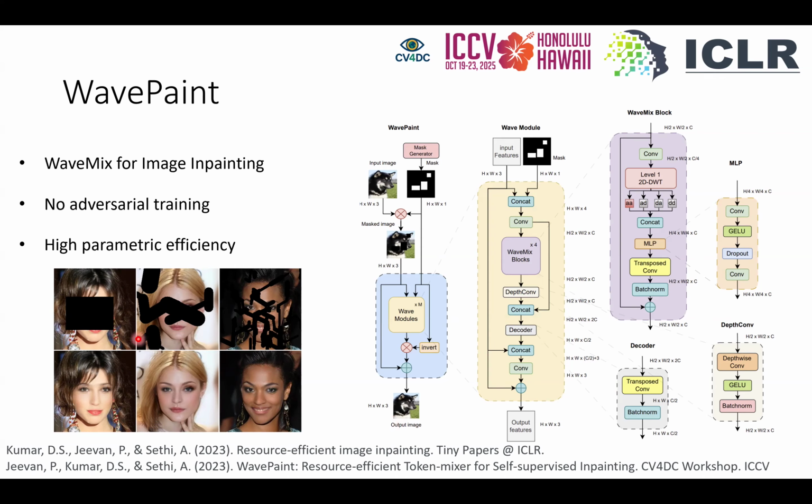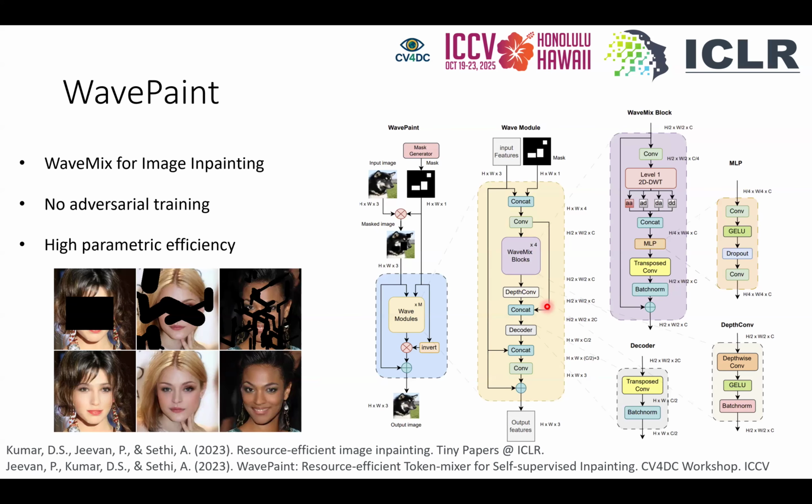As we can see with these examples with large, medium, and narrow masks, the WavePaint architecture, which is basically WaveMix with a few more layers, where we added a depthwise convolution layer for giving a little more token mixing than what WaveMix could provide, is beating the state of the art. It is doing it without any diffusion or adversarial training, as in GANs or other generative models.